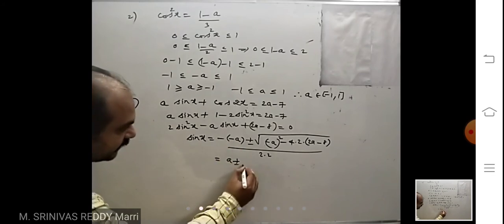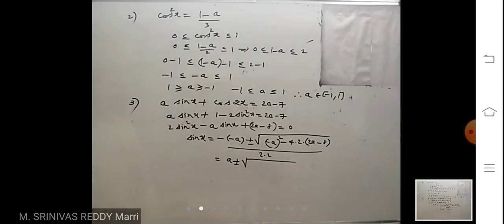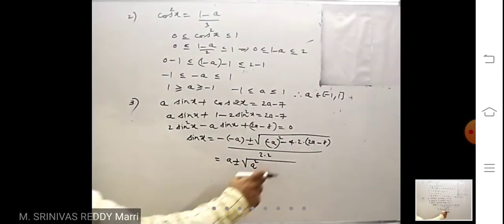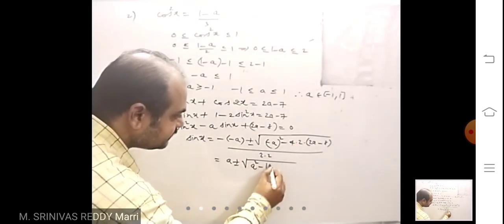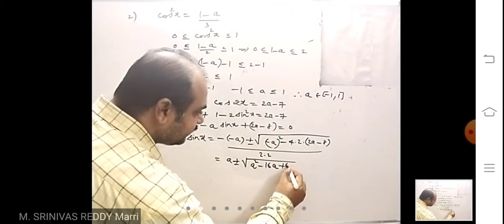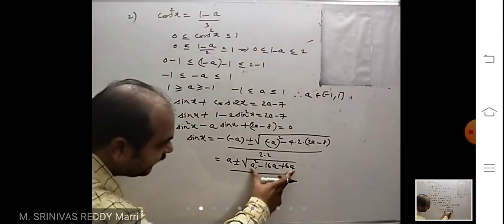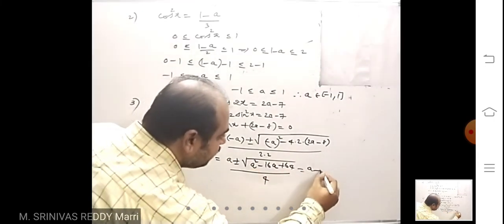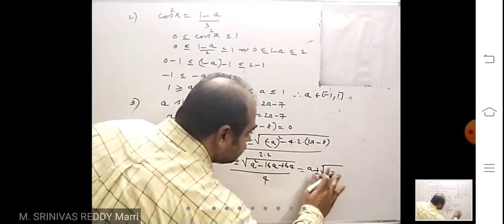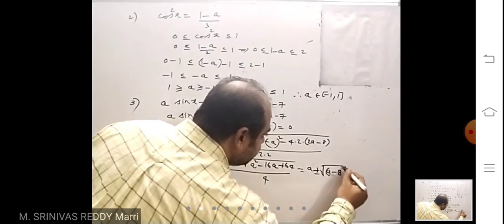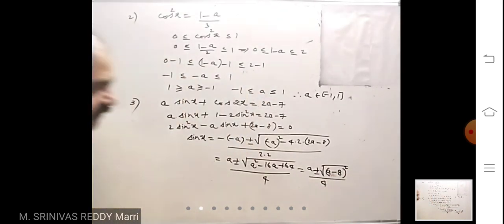This is a plus or minus root of a square minus 8 into 2a, that means 16a, minus 8 into minus 8, 64, divided by 4. If you look at here, this is nothing but a perfect square, a minus 8 whole square, inside the root, divided by 4.